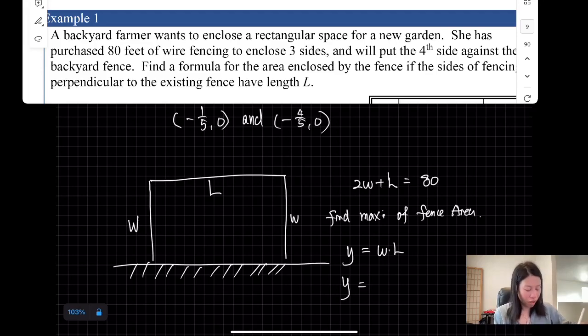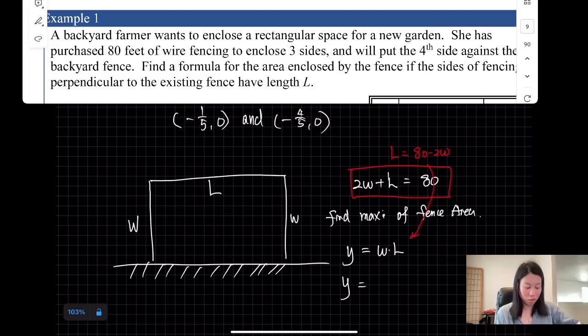And for the width, I know that they have this relationship: 2w plus L equals 80. So that means L equals 80 minus 2w. So if I substitute L equals 80 minus 2w, I will have a function of the width.